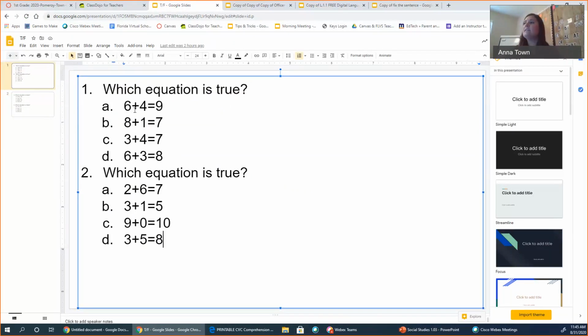So go ahead and solve 6 plus 4, 8 plus 1, 3 plus 4, and 6 plus 3. Whichever one has the correct answer is true, and I want you to circle it in green or put a check mark by it so you know that is the correct answer, okay?